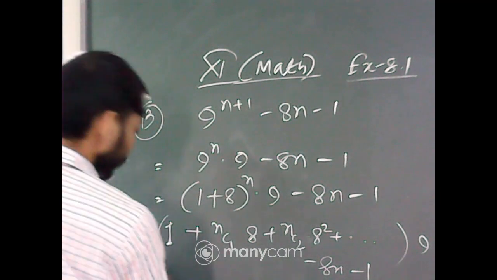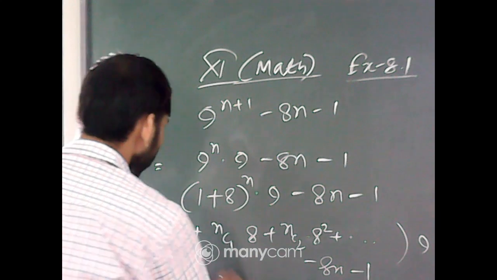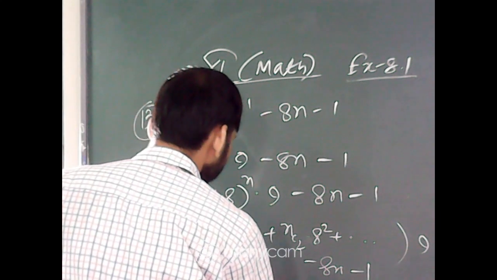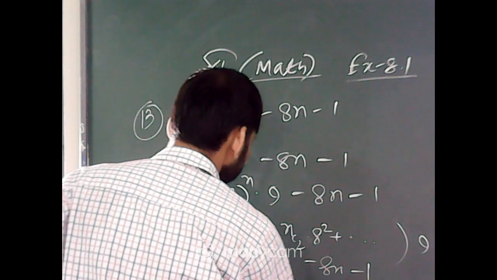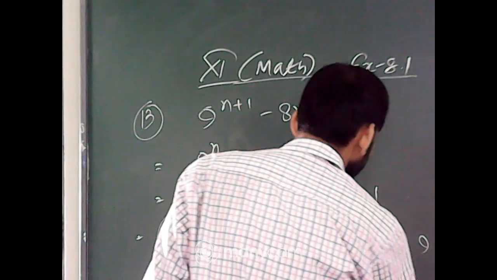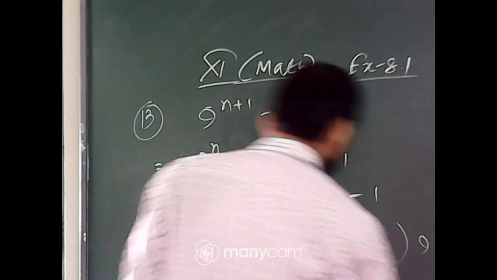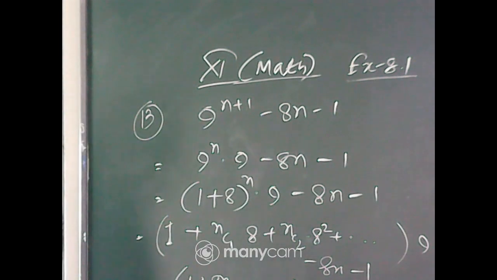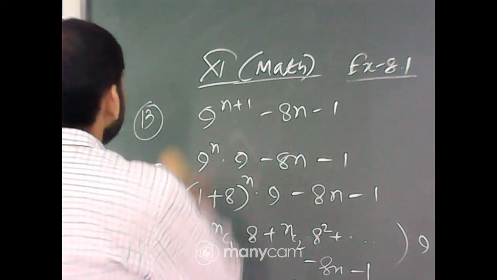Now simplify it. 1 plus 8n plus 64 into nC2 plus dot dot dot into 9 minus 8n minus 1. Now do the multiplication with 9.